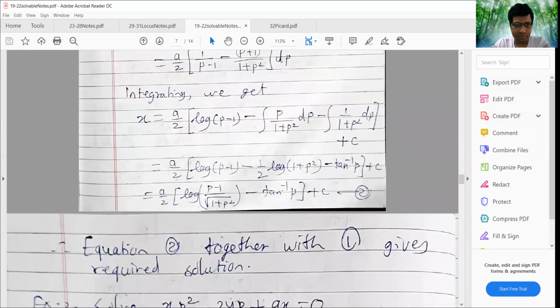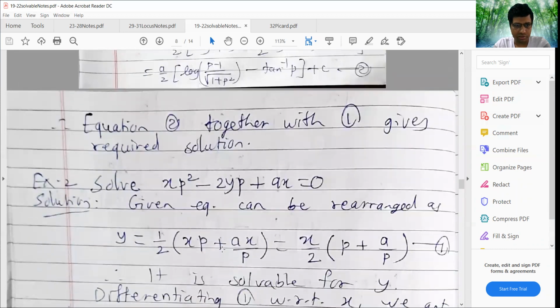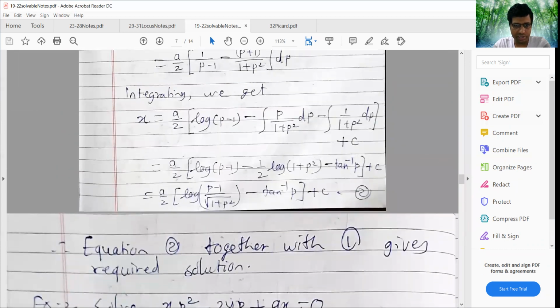Okay, and this is a solution which is a relation between p and x. There is an arbitrary constant. Okay, so we use this equation 2 and the given differential equation 1 as the solution. That means we can eliminate p and get the required solution.